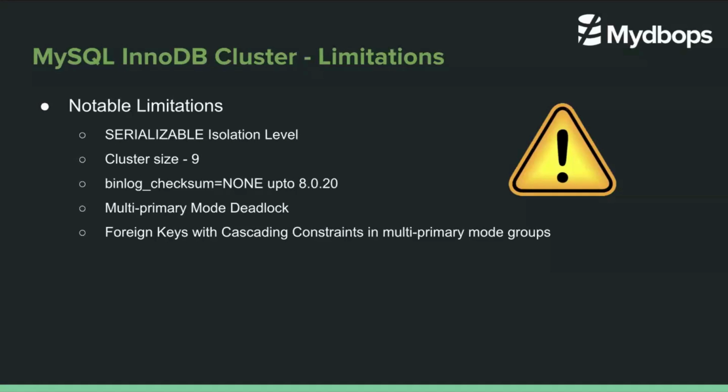Later, after 8.0.21, the default will be CRC32. For multi-primary mode, as I mentioned, there is a chance of deadlock, so it's not recommended to have multi-primary, and also for foreign keys with cascading constraints, it is not supported in the multi-primary mode.